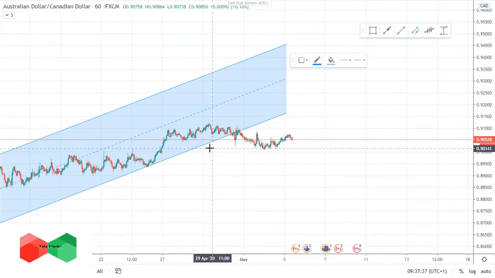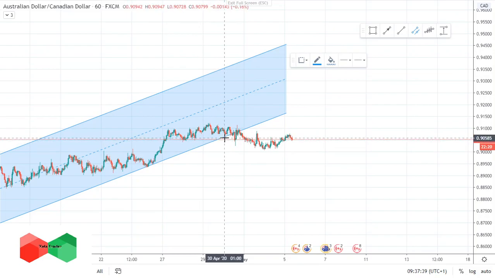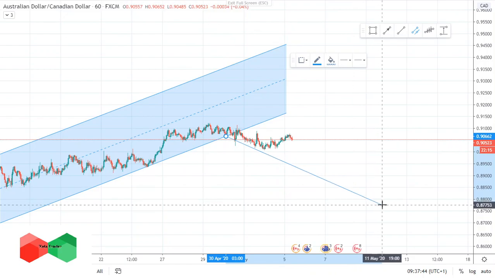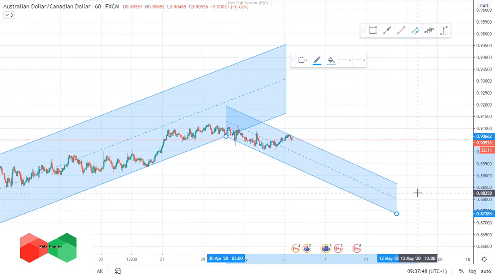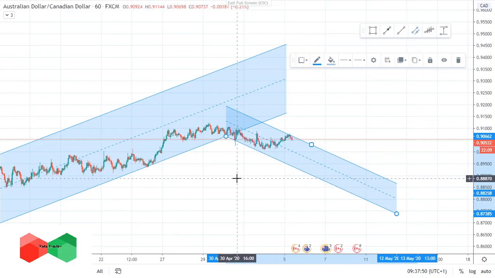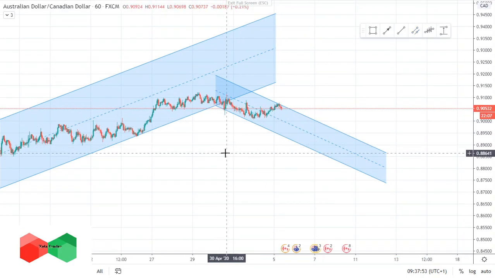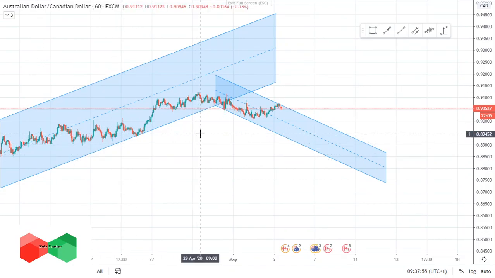It's all about probabilities, it's not about prediction, and the probability is that this is looking like a new downtrend channel, albeit it may be small compared to the month's uptrend we've had.